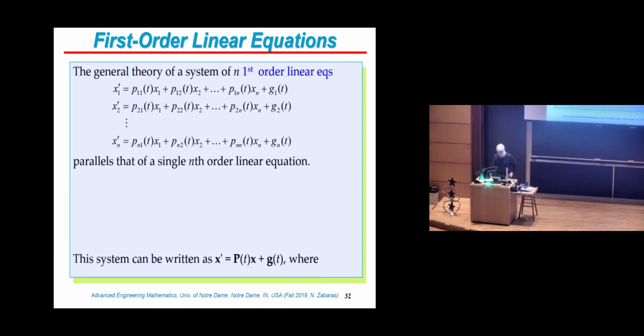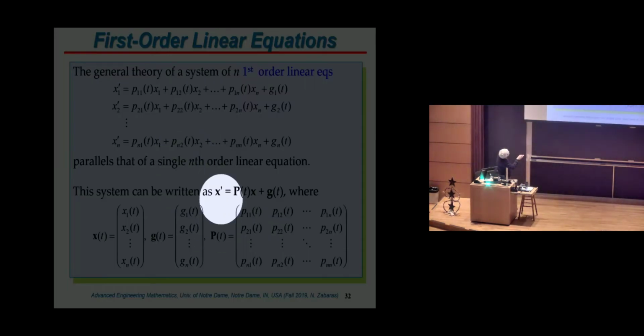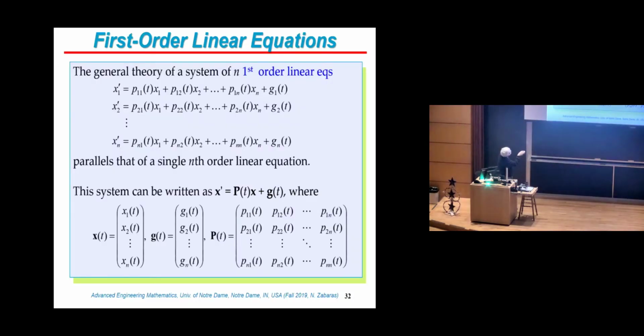So let's move to solving this system of equations. I'm going to write the system of equations in this nice matrix form. It's a linear system of equations defined by this matrix P. All of these elements of P are functions of time, and there is a non-homogeneous term G of t. I will do this particular problem if we reach that point today at the end of my lecture, but certainly we can do further simplifications here.